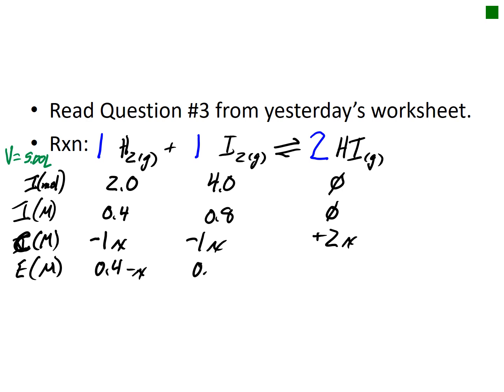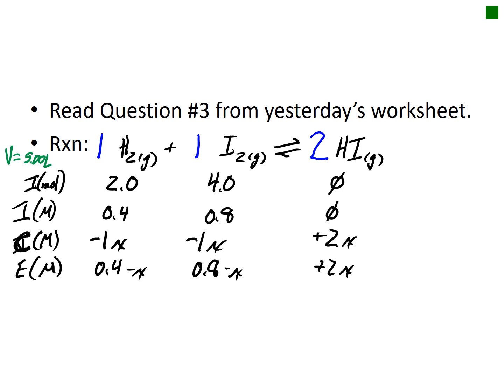Iodine is going to be 0.8 minus x. And then the hydrogen iodide will be positive 2x. Okay. So the question says, what will be the equilibrium concentrations of all substances? So we're going to end up solving for all 3 of these. Okay, that will be something we can get to later.